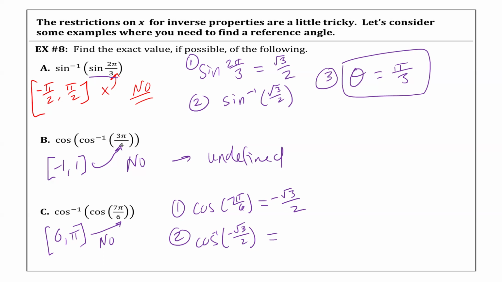Negative square root of 3 over 2. And we only can be in quadrants 1 and 2 anyway. Is that satisfied in there? Yes. Okay, it's starting to make sense. So our theta would equal 5 pi over 6.